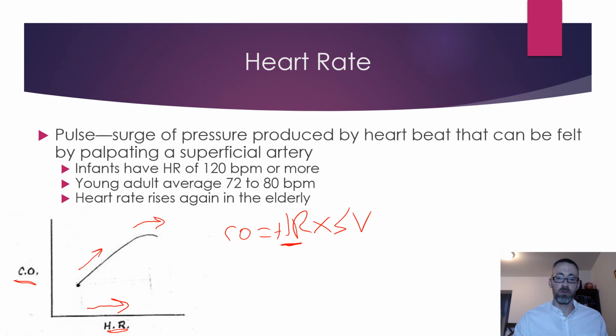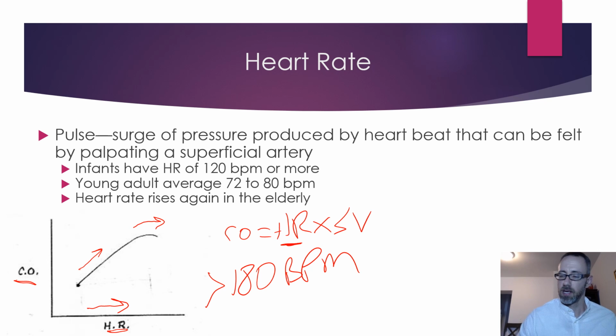And so in that regard, because of that limitation, if the heart rate exceeds a certain number, and in fact that number is approximately about 180 beats per minute. I'm going to put that there, 180 beats per minute. So that's the heart rate. If we go greater than 180 beats per minute, that's usually too high of a heart rate for us to keep increasing the cardiac output. In fact, the cardiac output will start to plateau or even decrease at that point.